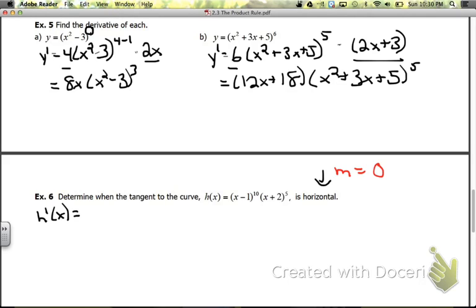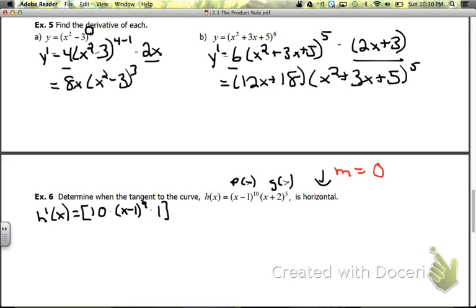So this will be equal to, we're first going to use our product rule, but we're also using the fact that we have exponents here. So we have a couple of rules combined. We're going to be using our product rule plus the power of a function rule all together. So we're first going to take the derivative of our f of x. So 10 times (x minus 1) all to the power of 9 times 1.